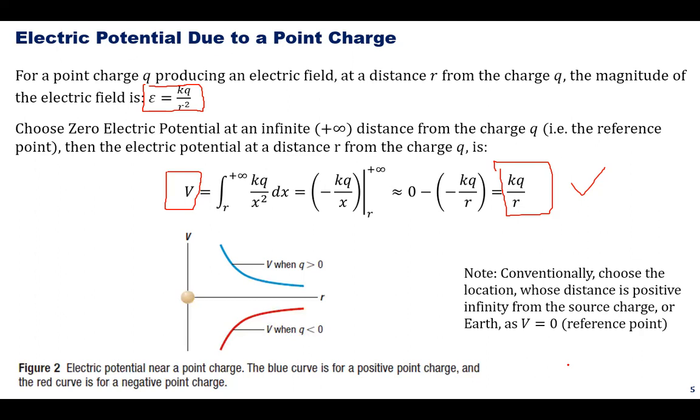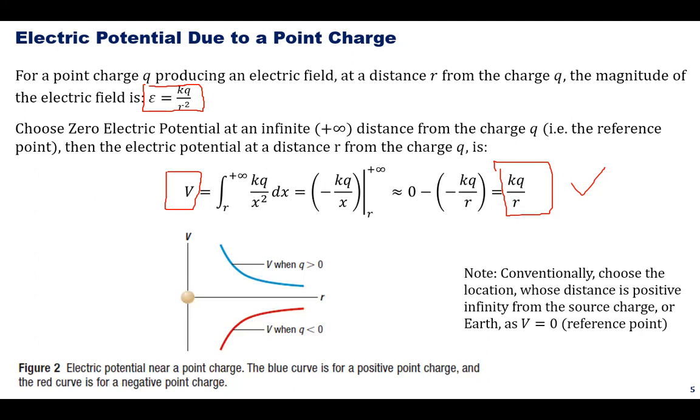Usually we'll choose some point as a reference point where the gravitational potential is 0. So only changes in potential energy are important. So we must always be clear about choosing the reference point for potential energy.